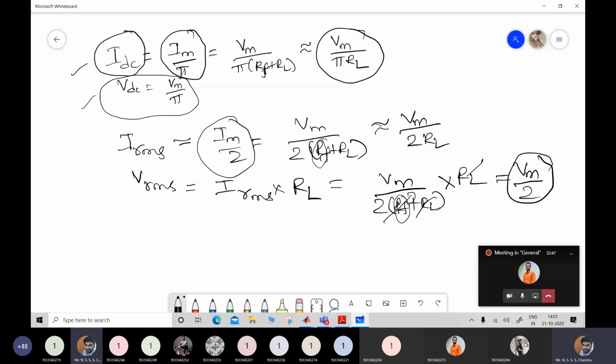Now we shall define a term called form factor. Your form factor is defined as the ratio of RMS value to average value.